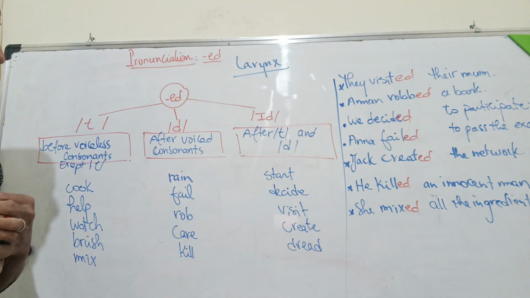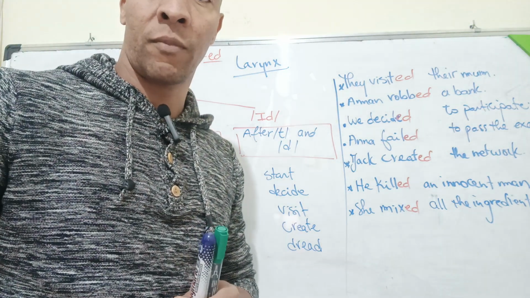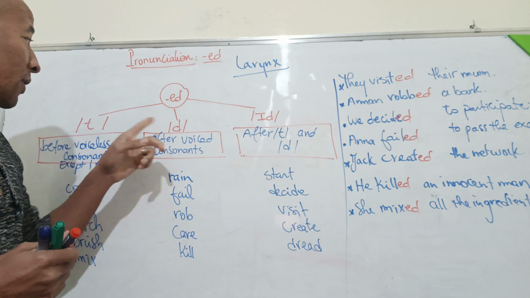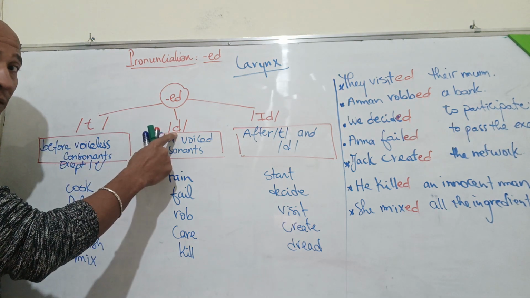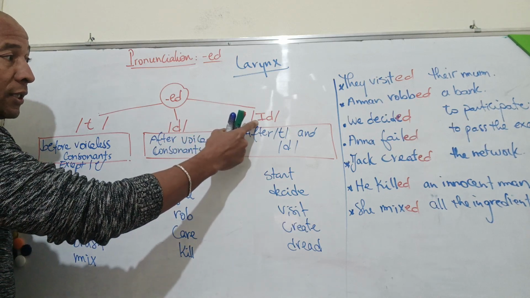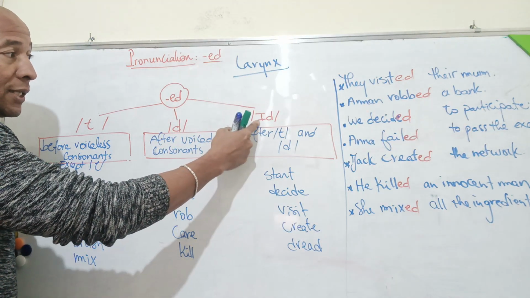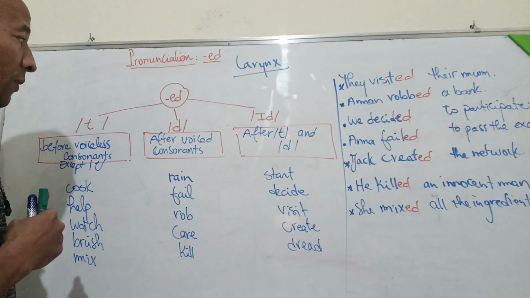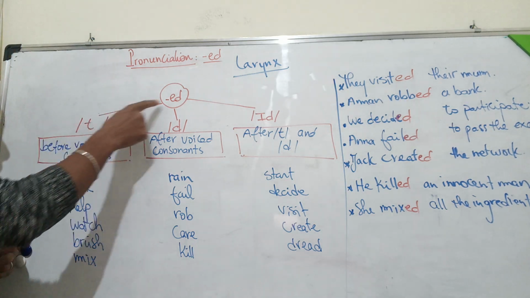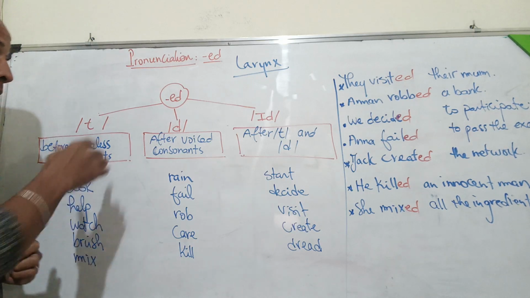We pronounce it in three ways. The first is t. Then the second is d, and the last one is id.